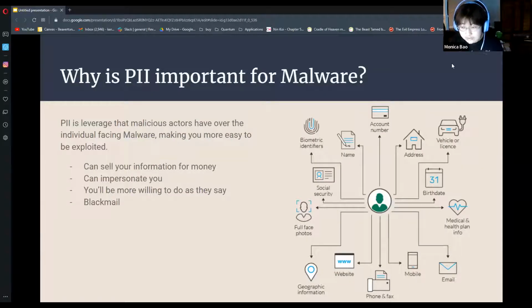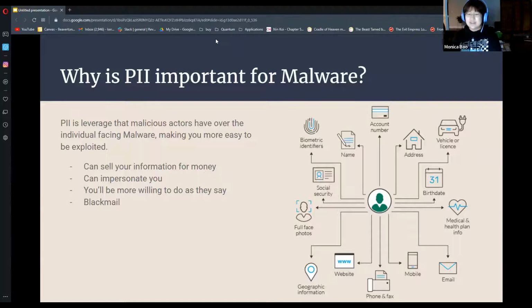Okay, so why is PII so important for malware? You're going to see that PII is mostly leverage that malicious actors have over the individual facing the malware, making it easier to be exploited.